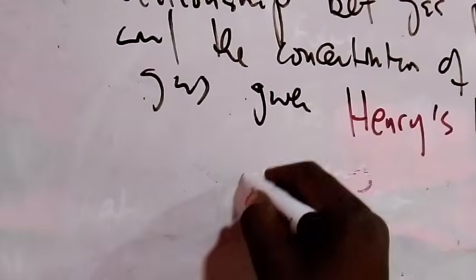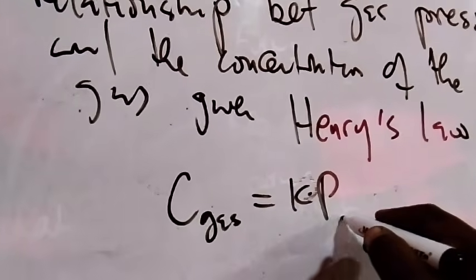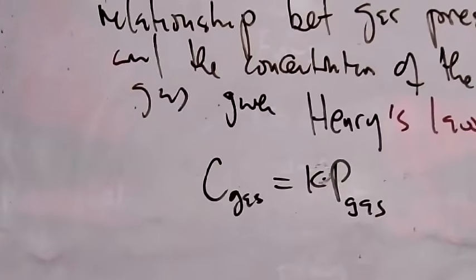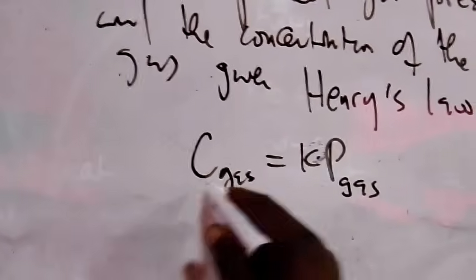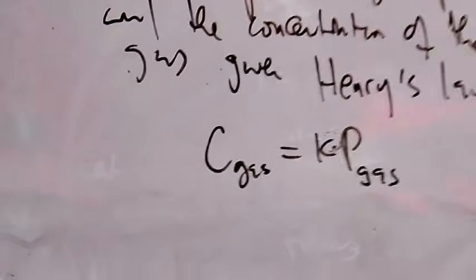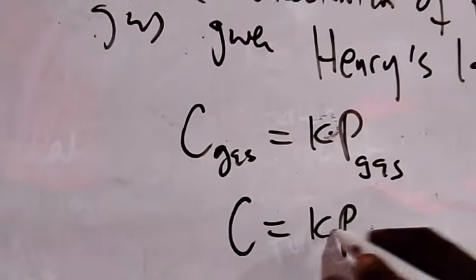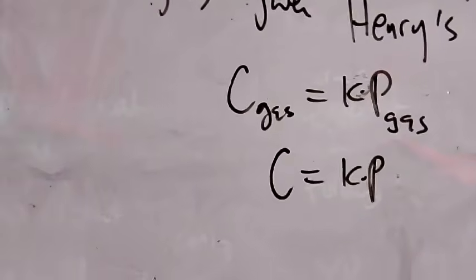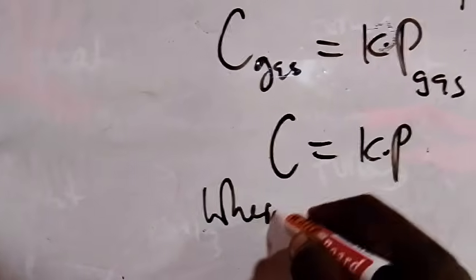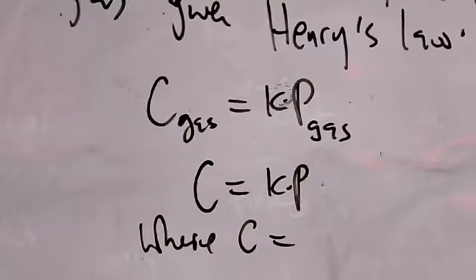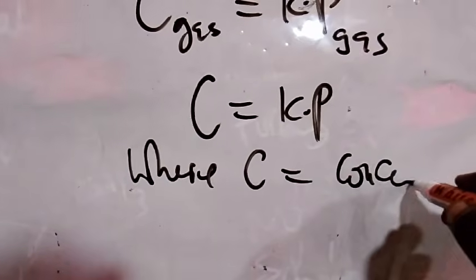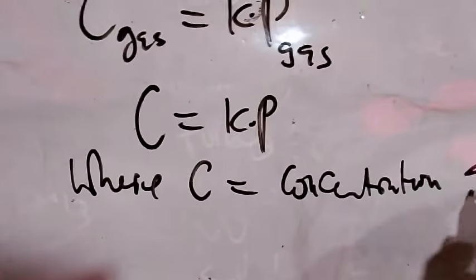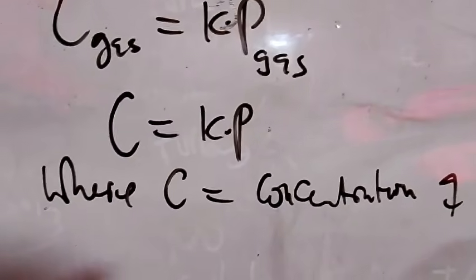Henry's law is given by the equation: concentration of the gas is equal to K times P gas, or simply C equals KP. Where C is the concentration of the dissolved gas.